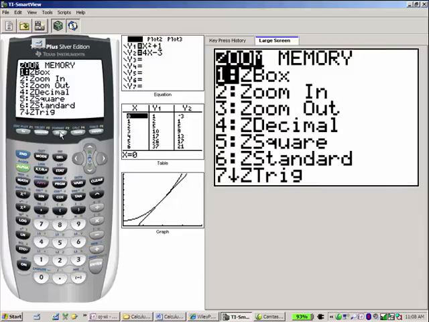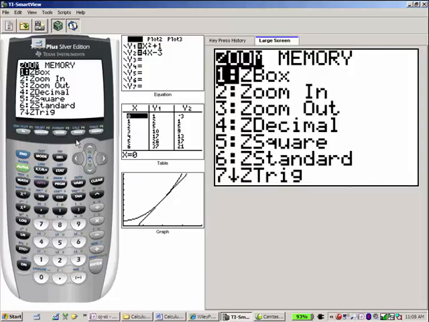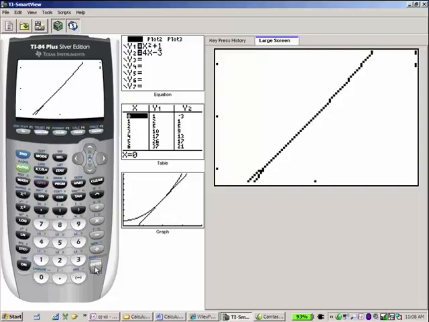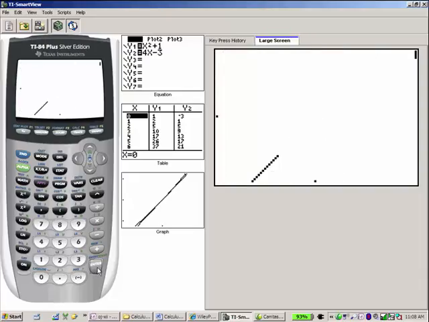If I do it again, trace to 2, and if I do the zoom in now, what's going to be true about the function and the tangent line? Not only do they overlap, it should get to the point where we can barely differentiate between them. See?